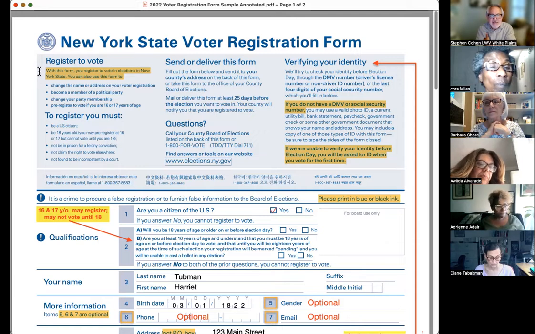The only way you can do that in New York State is because we have what are called closed primaries. You have to change your party affiliation or your party membership.